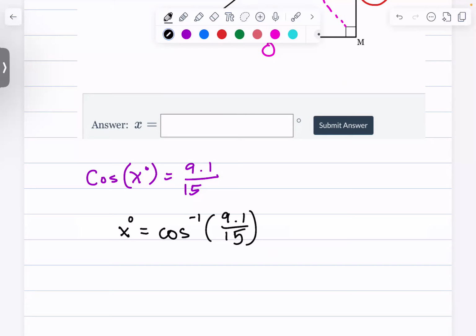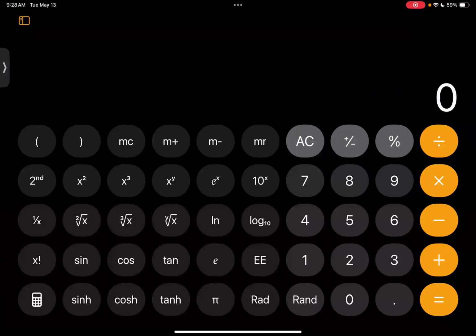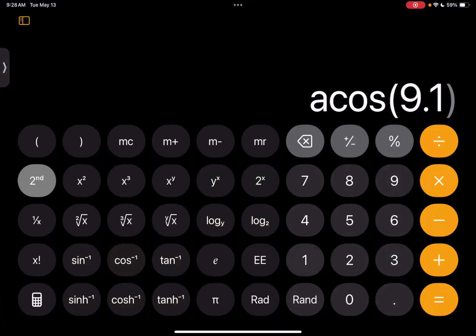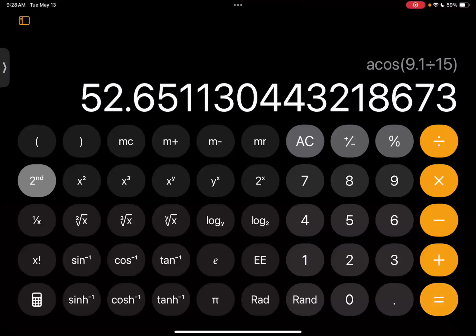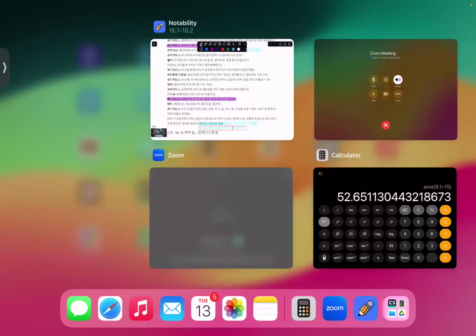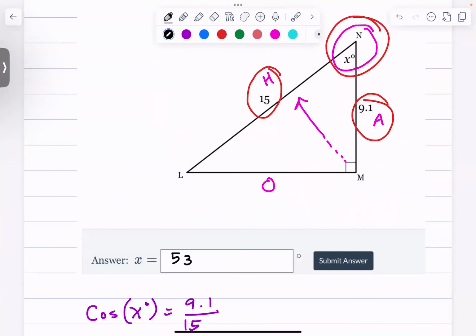Essentially, what the inverse does is it tells us the angle. If we know the ratio and we need to figure out the angle, we use inverse cosine. That's 52.7. So we go back up here, 52.7, so 53 degrees.